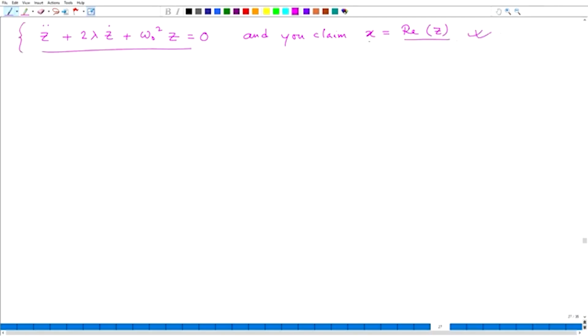So, I am simply writing, let us say, if you now have this, and you know that z is equal to some c1 times e to the power minus lambda plus root over lambda square minus omega 0 square times t, plus c2 e to the power minus lambda minus root over lambda square minus omega 0 square times t. If you know this to be true, then I can make several cases.